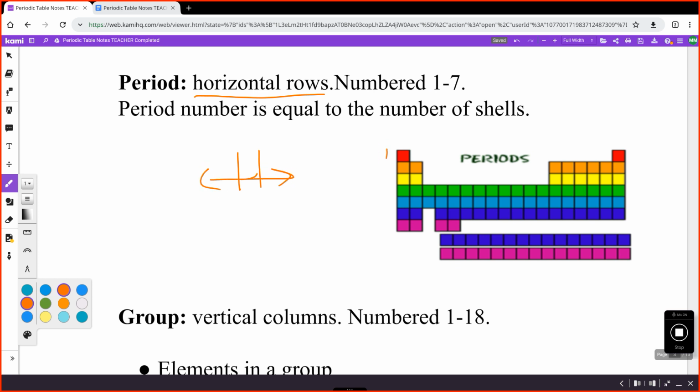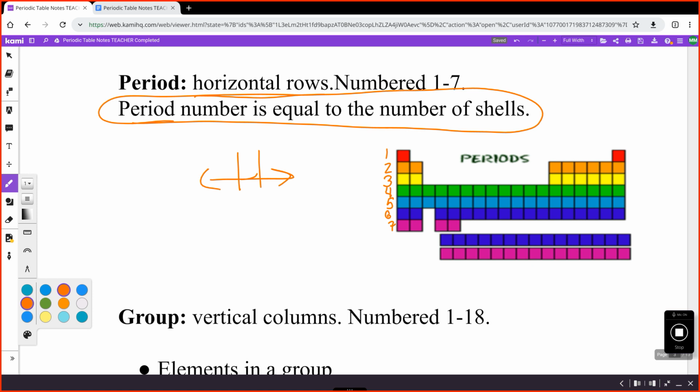And they are numbered on the table as 1, 2, 3, 4, 5, 6, and 7. The reason why a specific element is in the specific period that it is has to do with the number of electron shells that are in that element.